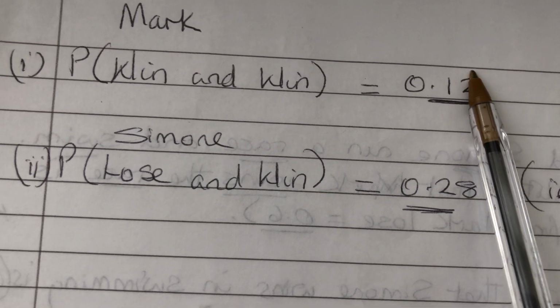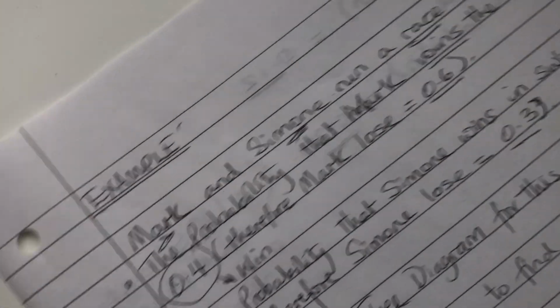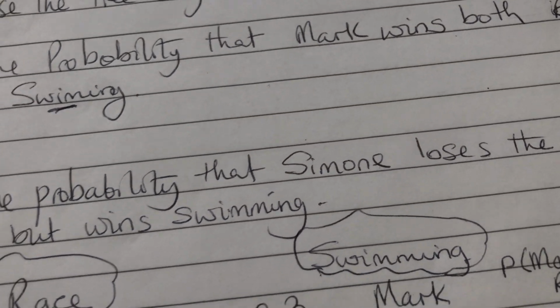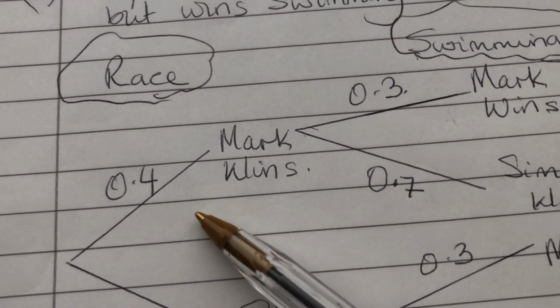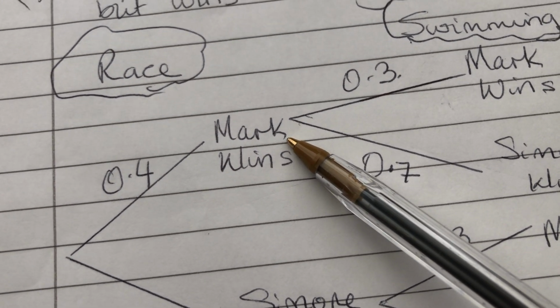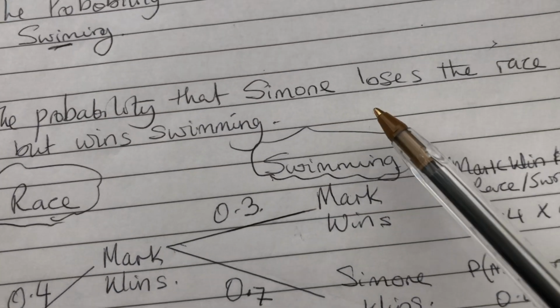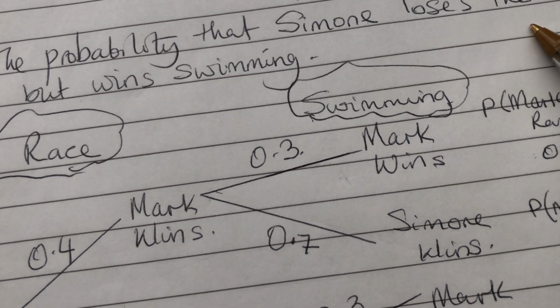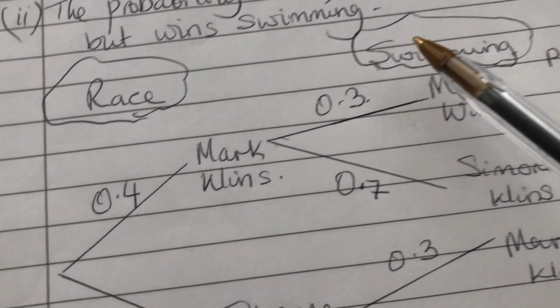I've done it here at the back, but I'm using the tree diagram to show you. The second is the probability that Simon loses the race and wins swimming.